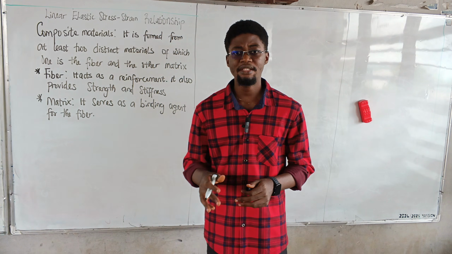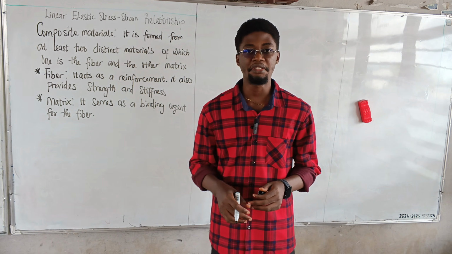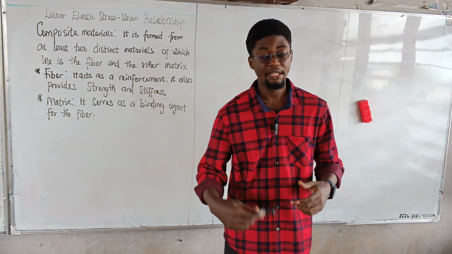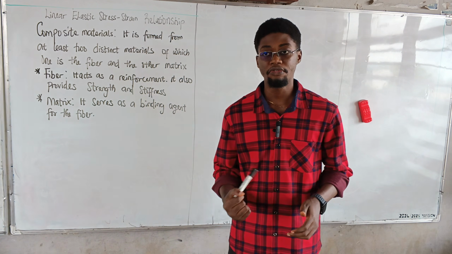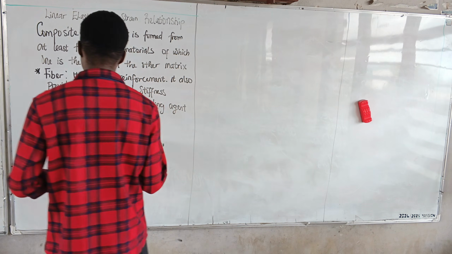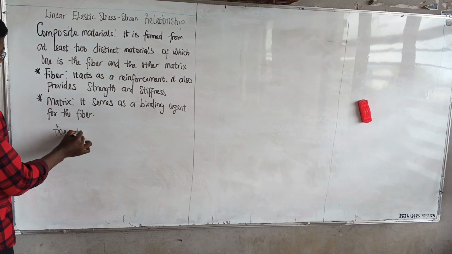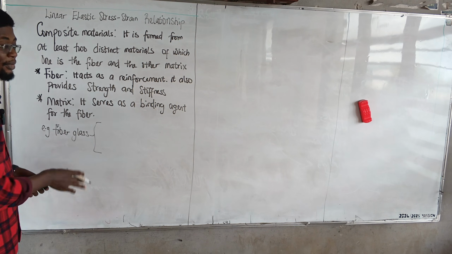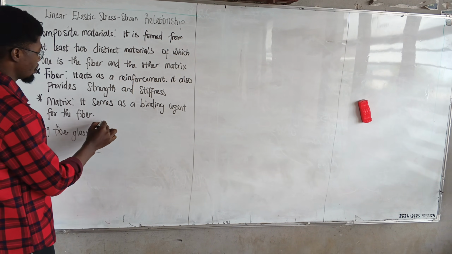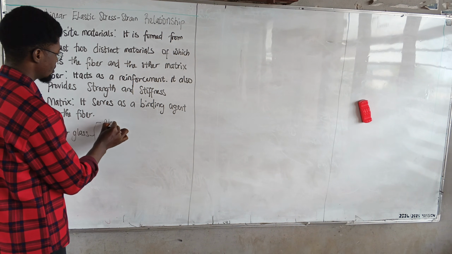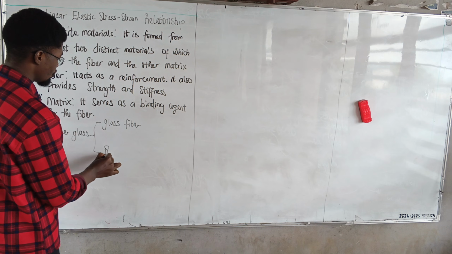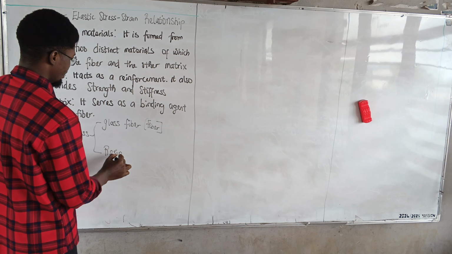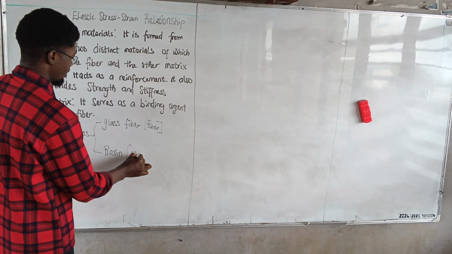A typical example of fiber and matrix is simply fiberglass. An example of a composite material is called fiberglass. Now, fiberglass, the example that we are taking, is made up of two other materials. Inside this fiberglass, we have glass fibers and we also have something we call resin. The glass fiber serves as my fiber and the resin is my matrix.